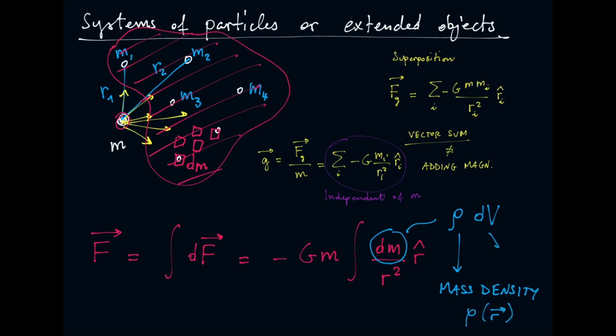And dV is the infinitesimal volume element. So when we consider one of these dm's, imagine it's a little cube of volume dV with a certain density rho, so the little mass is mass density times volume. All right.